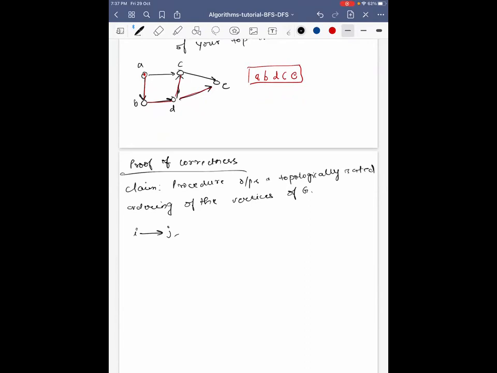If this happens, then we would have essentially proved this claim, right?